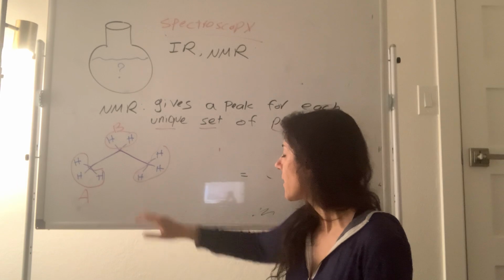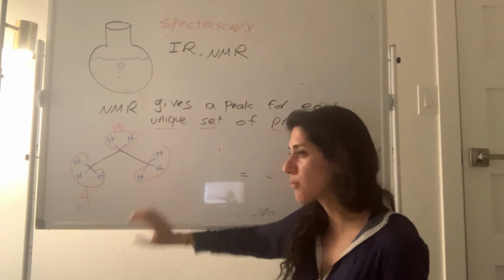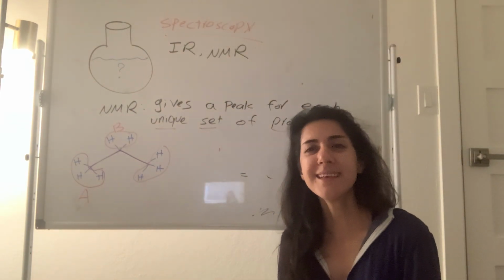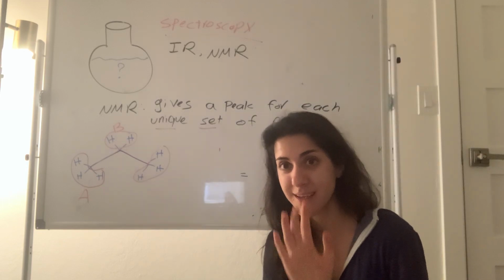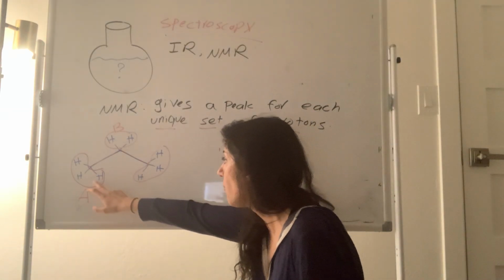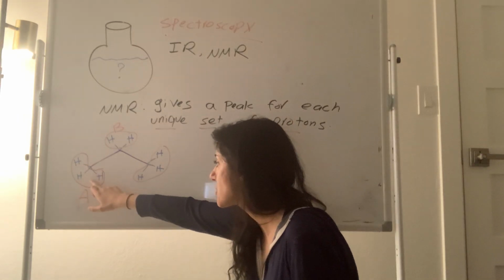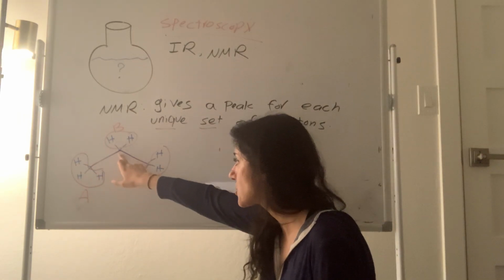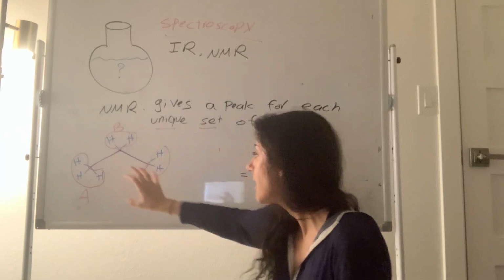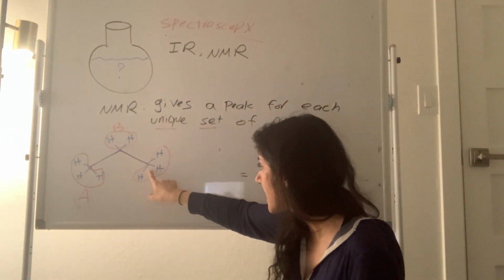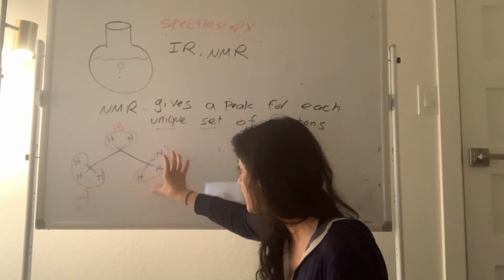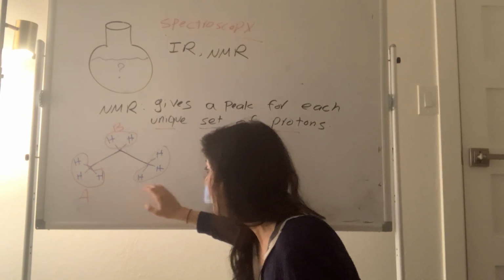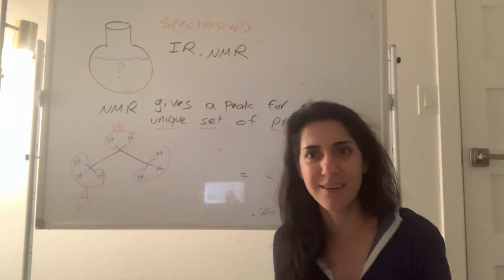Now, is this a unique set of protons? This is actually not a unique set of protons because, pay attention to this. Over here, this CH3 was attached to a CH2. Over here, this CH3 is attached to a CH2. So this peak and these have the same neighbor.